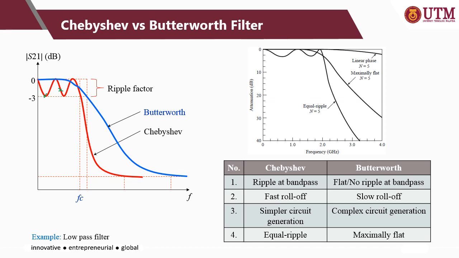Chebyshev has ripples in the passband area, and some of it has ripples in the stopband area as well. And the Butterworth is flat top. There's no ripple at the passband area. So the blue line is flat top, and this is for Butterworth.